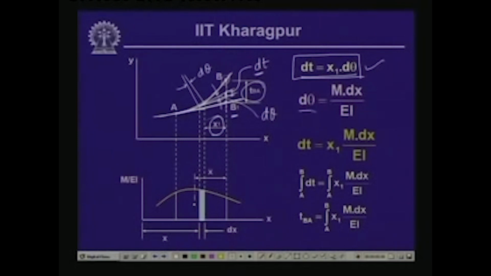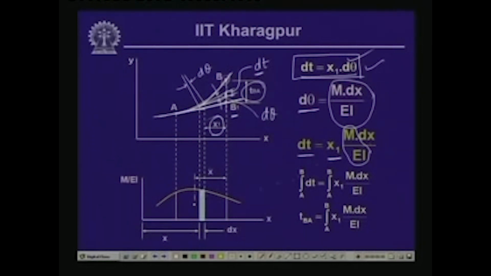Now, we have seen in the previous theorem that d theta is equal to M dx by EI. So, in place of d theta, if we substitute M dx by EI, we have dt is equal to x1 times M dx by EI. So, it shows that the distance dt between the 2 ends of this segment ds involves M by EI, which again is the ordinate of this particular strip.